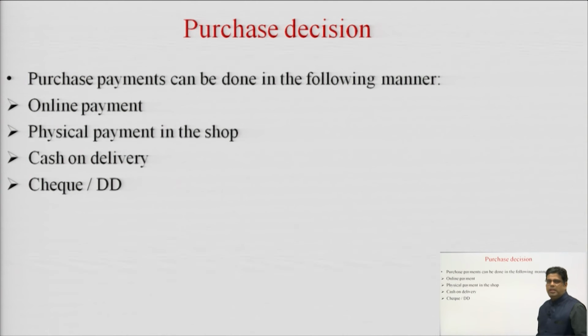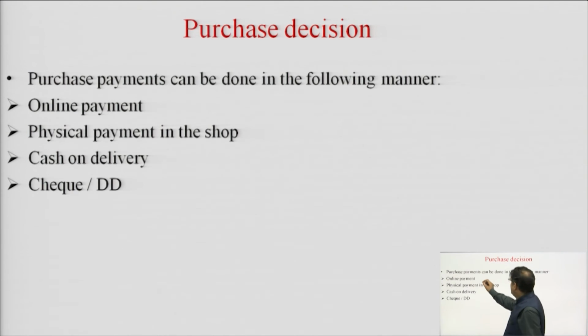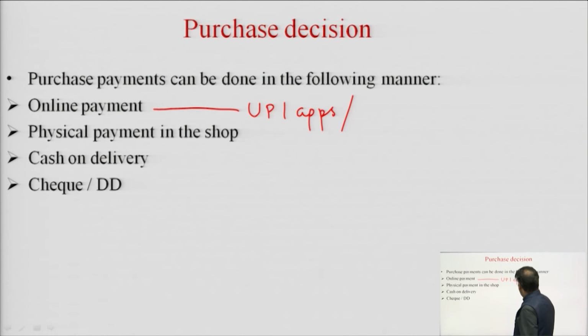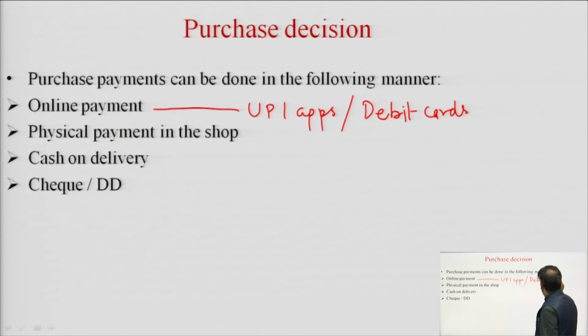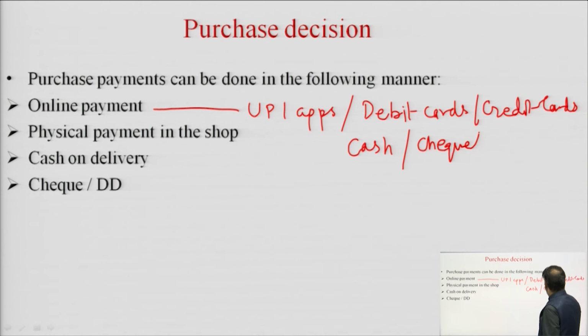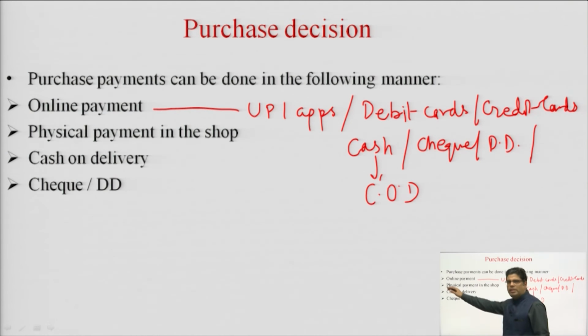Today it is the digital era, and the purchase decision or the payment can be made online by using various UPI apps, or it can be done through ATM or debit cards, it can be done through credit cards, it can be done in cash, it can be done by using instruments such as check or demand draft, or cash also means cash on delivery, which is written in a separate point.